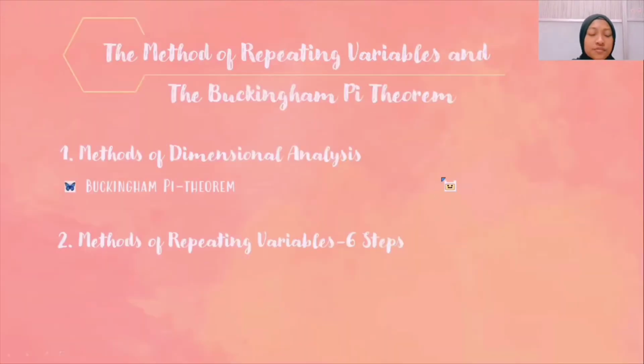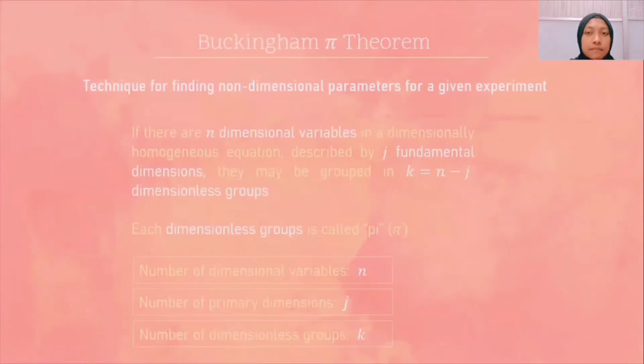The method of repeating variables and the Buckingham Pi Theorem. I will explain the method of dimensional analysis, which is the Buckingham Pi Theorem. Buckingham Pi Theorem is a technique for finding non-dimensional parameters for a given experiment.